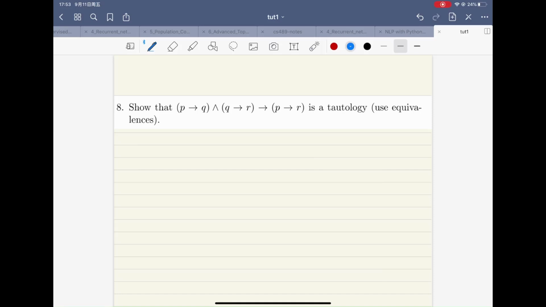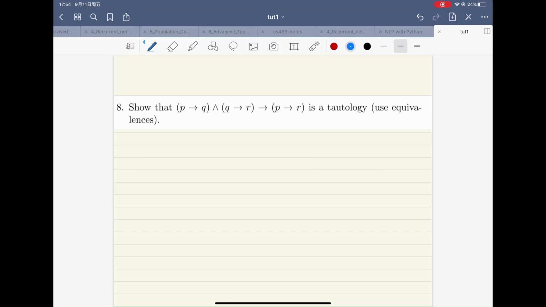The final question asks you to show the statement is a tautology using equivalence. To show the statement is a tautology, we have to show the statement is true regardless of the values of P and Q. As you have learned in lecture 4, I think, there's a theorem that an implication can be written using only conjunction, disjunction, and negation.